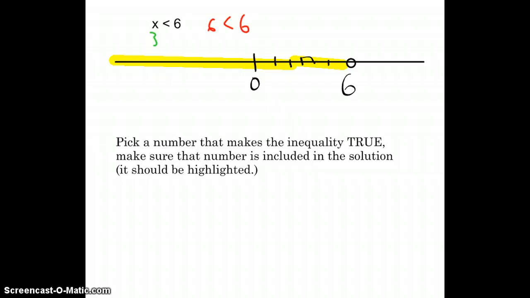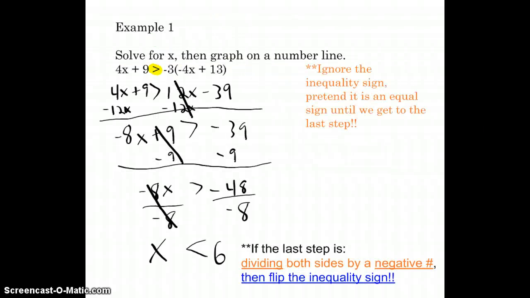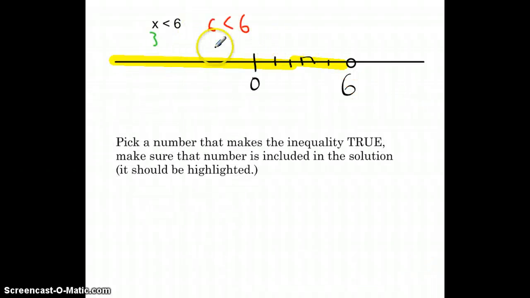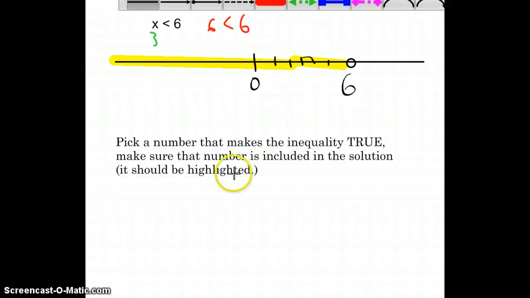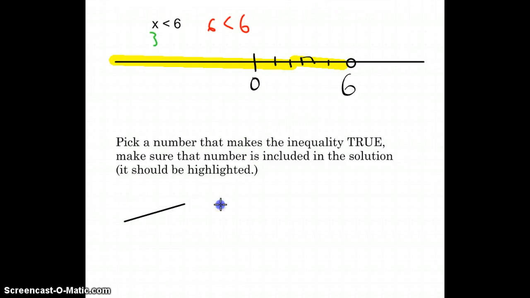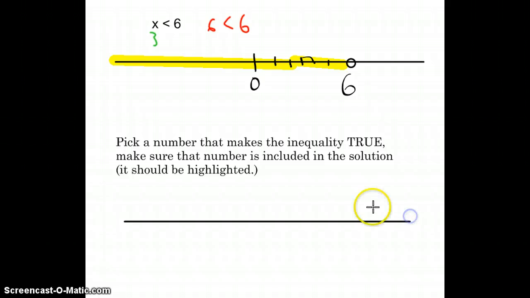Now if we go back to the original problem, okay, and if I made this mark right here, if instead of just having greater than sign or less than sign, if we had the line underneath it which meant greater than or equal to, okay, now that changes up how we'll mark this up. So let's make one more number line here. Okay.